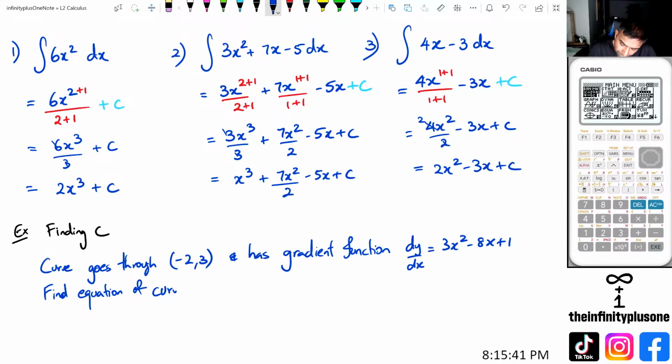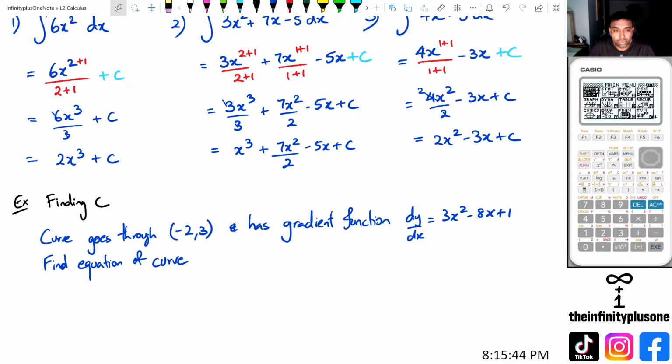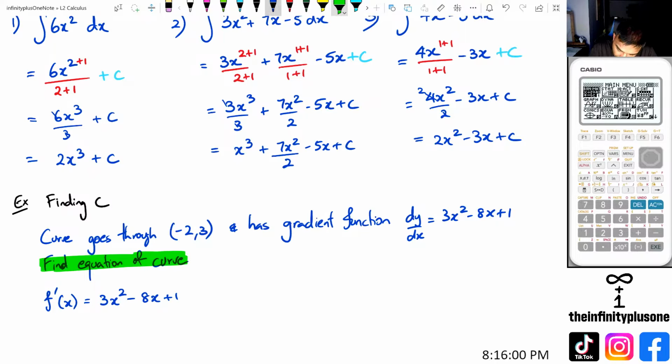All right, so basically what I would like you to remember is that in this question you have been given f dash of x, which is 3x squared minus 8x plus 1. This part, find the equation of the curve, is asking you to find f of x. So all you need to do is integrate it, and when you integrate it, remember you're given a point.